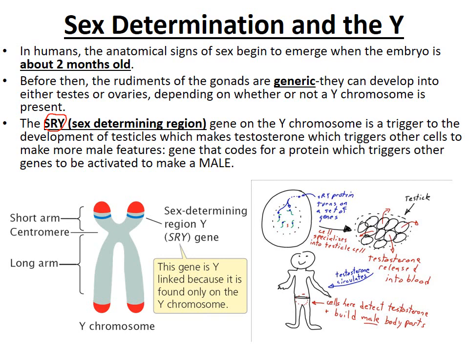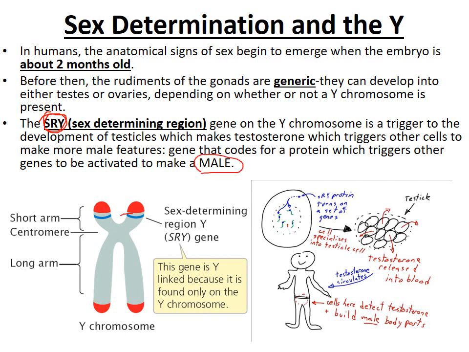So for example, it'll have, let's say, nipples. But now if you have the SRY gene, those nipples would not develop into breasts because the SRY gene will eventually trigger male development, and then that child would become a male individual later on.